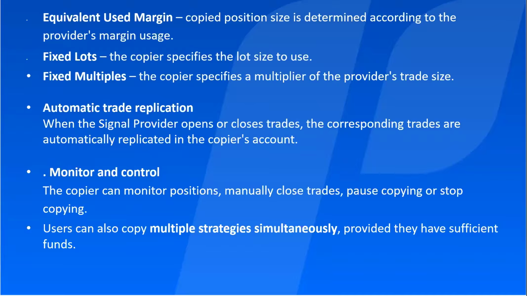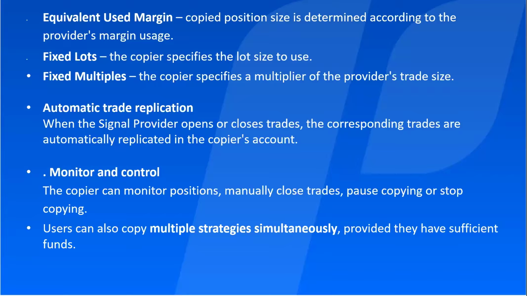We have equivalent used margin, right? Which means copied position size is determined according to the provider's margin usage. Let me explain this. Let's say, for example, you have $100, and you want to copy a signal provider. For that signal provider, you would simply see a minimum listed in the parameters.